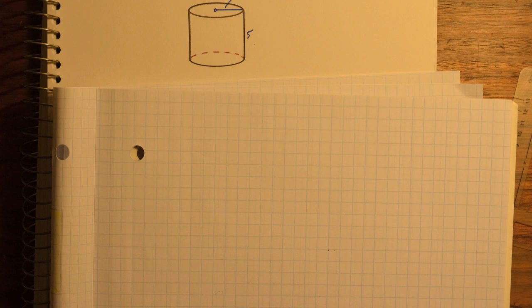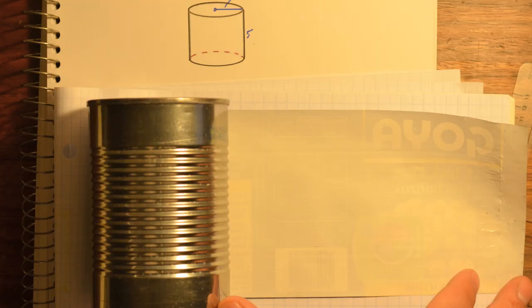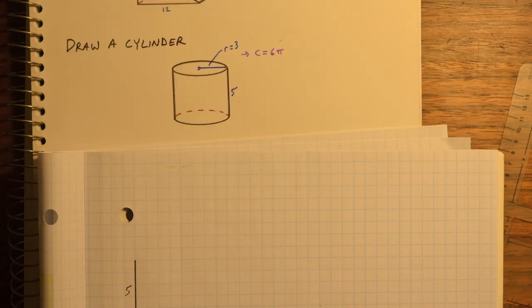Now, for a net, we're going to start with the lateral area. The lateral area of a cylinder is kind of like the label on a can. If you remove the label of a can, you have this nice rectangle. And so the rectangle for the example given is going to be 5 units tall, and the length of that rectangle is going to equal the circumference of the circle.